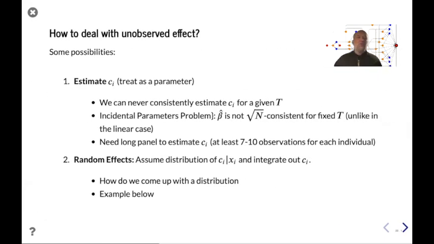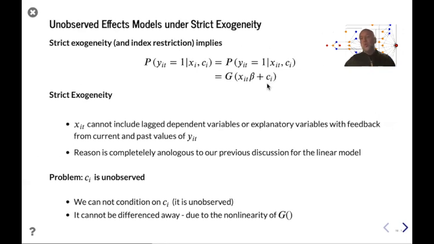Okay, so the first trick we could try is to see if we could estimate c_i as a parameter. So that's a possibility. It's appearing here. So why don't we just include a bunch of dummies, one for each cross-sectional unit, and then estimate that as a parameter jointly with the parameter beta, the coefficients to the explanatory variables.